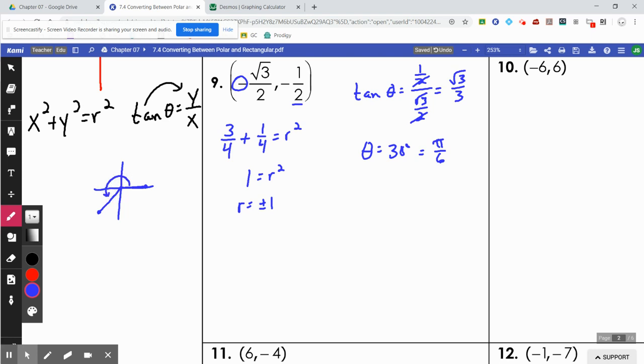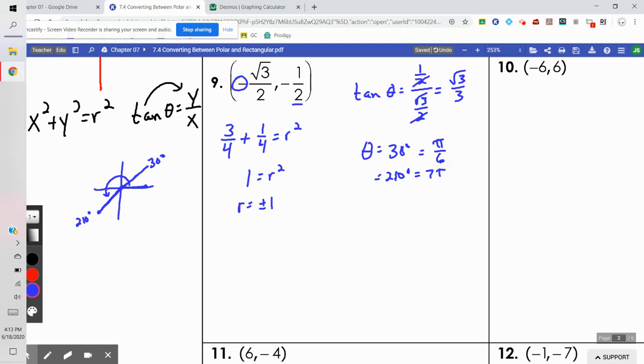That's not a pi/6 rotation. Where's tangent √3/3? Not just at 30 degrees, but also down here at 210 degrees. So there's two different answers there, 30 degrees or 210, which would be 7π/6.